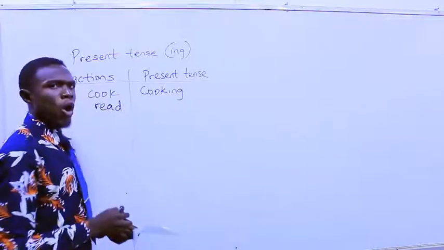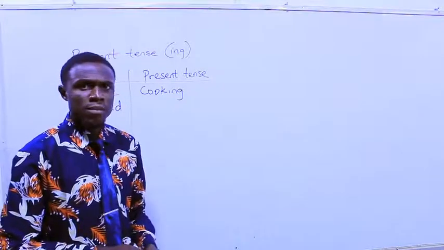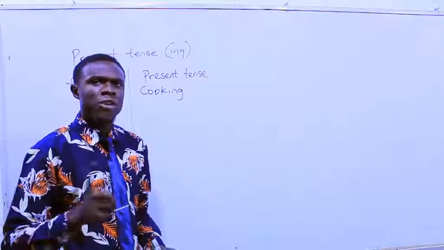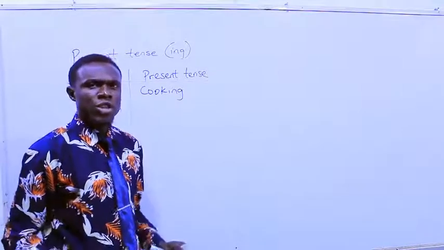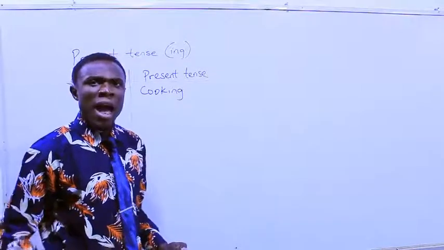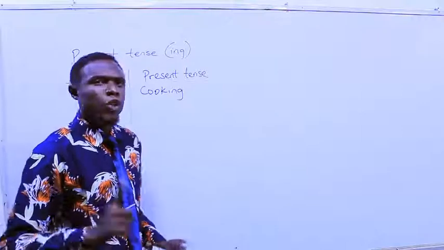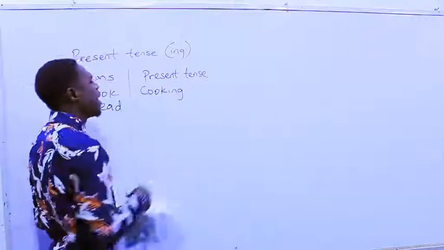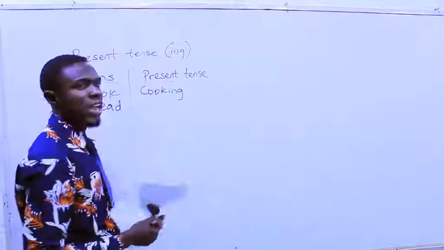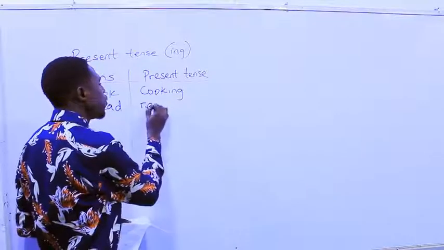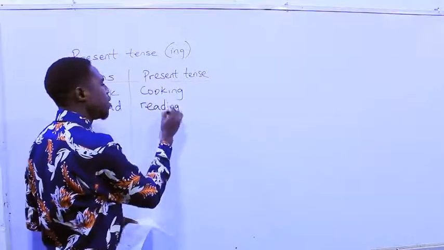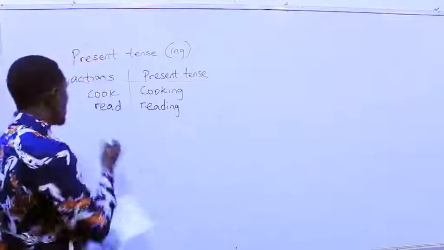I still have another one. Read. I hope you can read, children. Yes, if you can read, then change it to present tense. And by changing it to present tense, you just simply add ing, just as we did in cooking. Then you have what? Reading. I still have sleep.